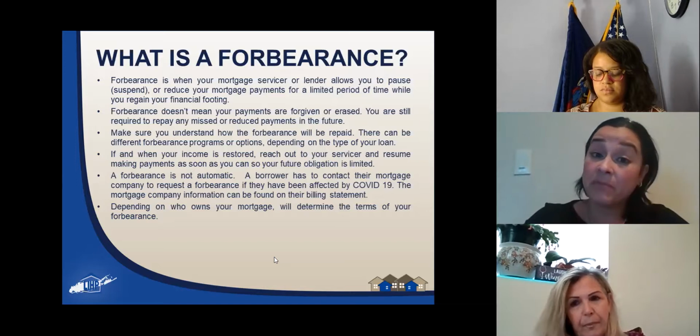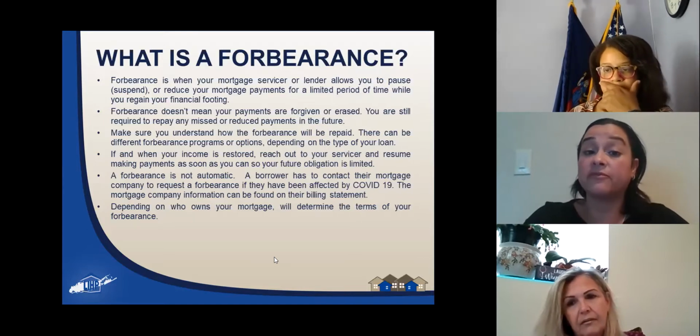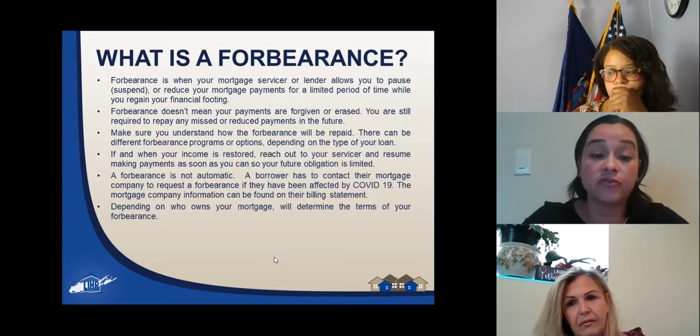Some that are not government backed might say no, at the end of the forbearance, it's our normal forbearance, you're going to owe the full amount. Because normally a forbearance was just that. They would give you a pause for 3 months, but at the end of the 3 months, you either had to apply for a modification if you still weren't working, or come up with those 3 months of payments all in one shot. So it has changed for the government backed ones with this COVID-19 CARES Act.